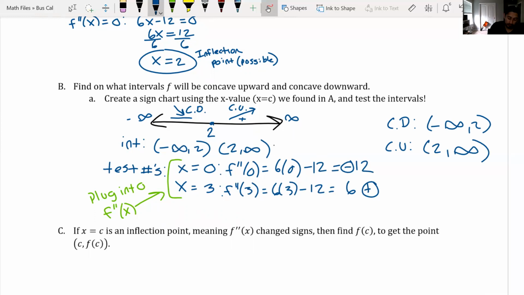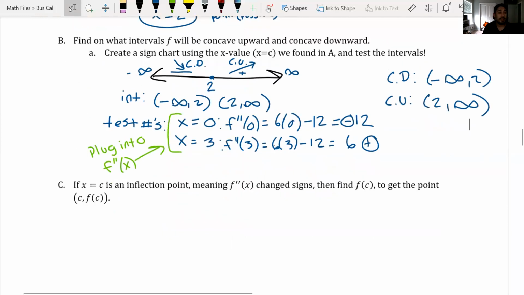Okay. Now C. If x equals c is an inflection point, meaning the second derivative changed signs, then find f of c to get the actual inflection point. So we look at our sign chart, and did concavity change? Did the signs change? Yes, we went from minus to plus.